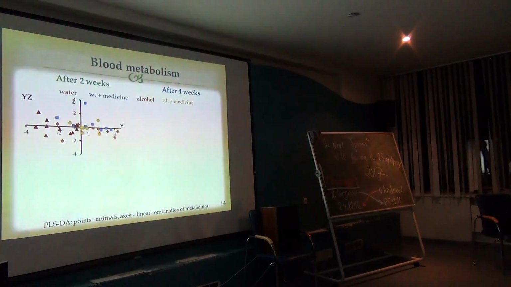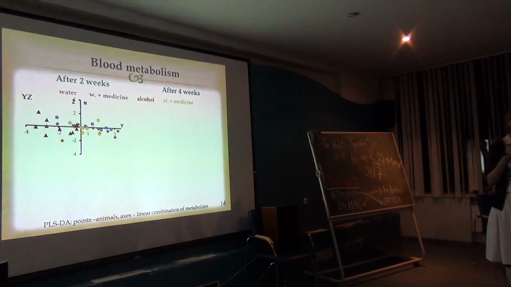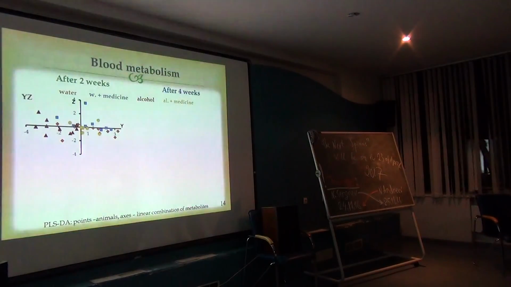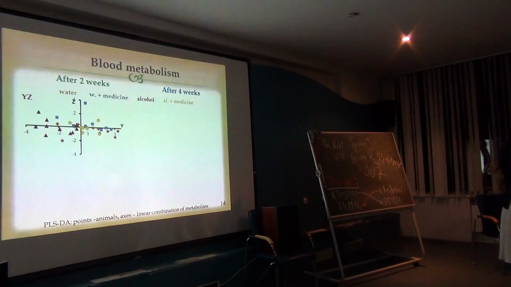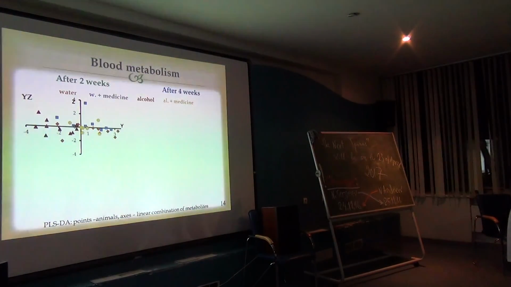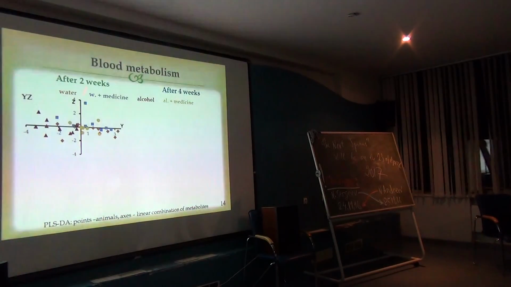Here I would like to tell you about the PLS-DA method, just about what this plot is. This method allows us to represent the spatial separation between experimental groups. This axis is a linear combination of metabolites, and these points are animals.